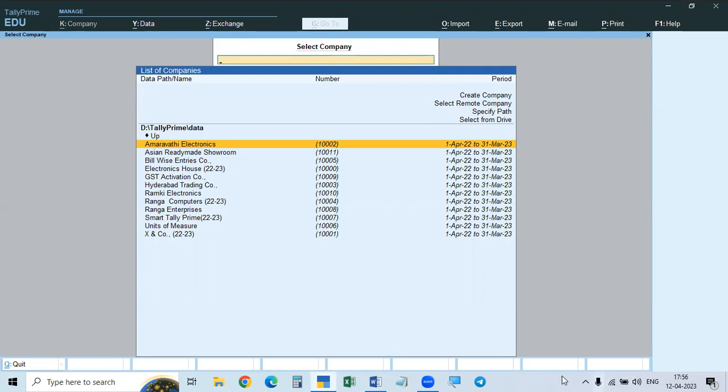Debit note and credit note mean that we have to debit or credit another person's account for any reason after purchasing the goods. The other person means the supplier or the seller, who is the creditor. When he purchases the goods, the purchase account will be debited and his account will be credited.